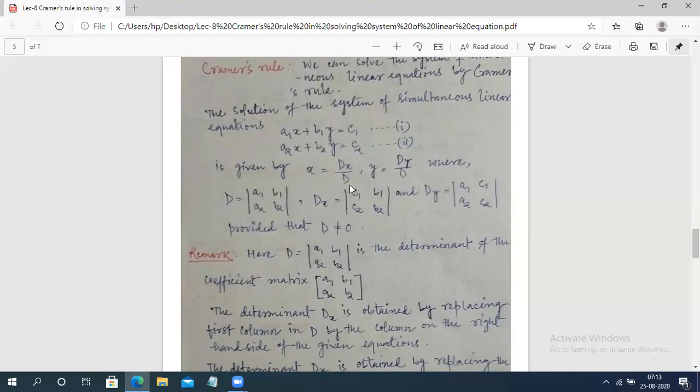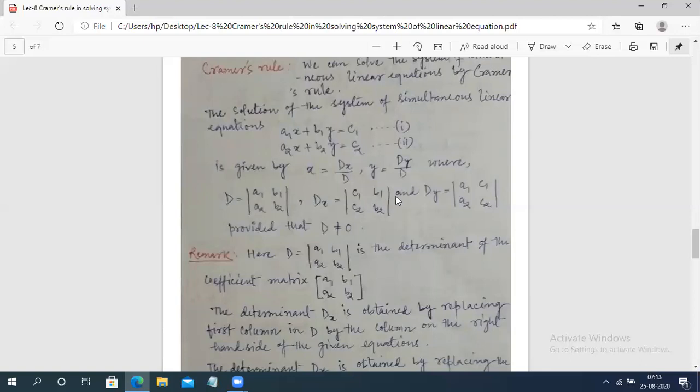The second column, the coefficient of y, will remain unchanged.